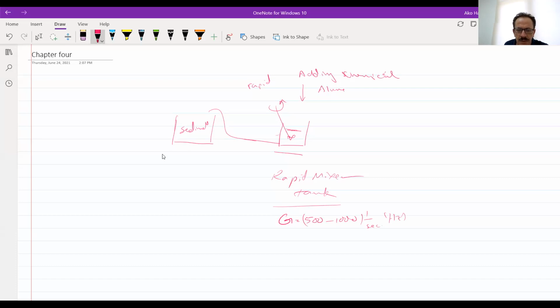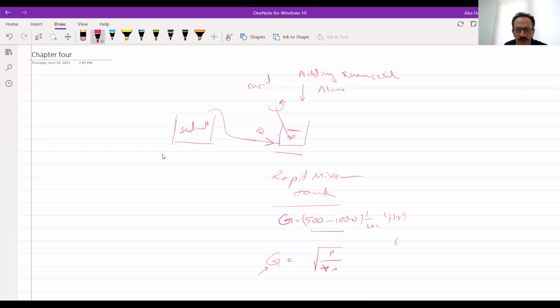Then the rate of flow, the Q and the G, are related to each other. This G will be equal to P, the volume of the tank, and the viscosity. So we have a range for that.